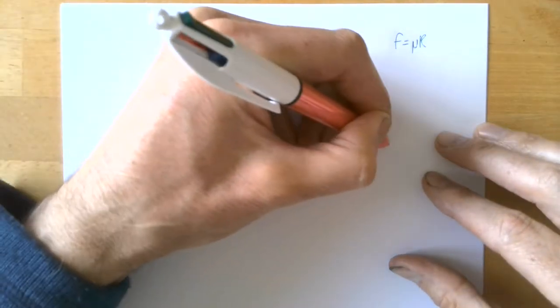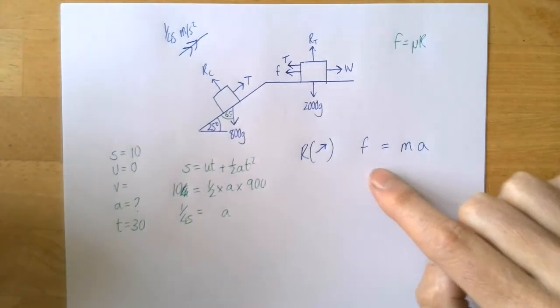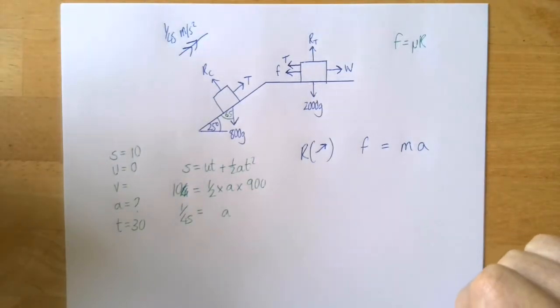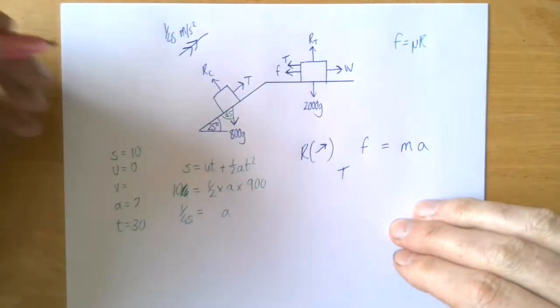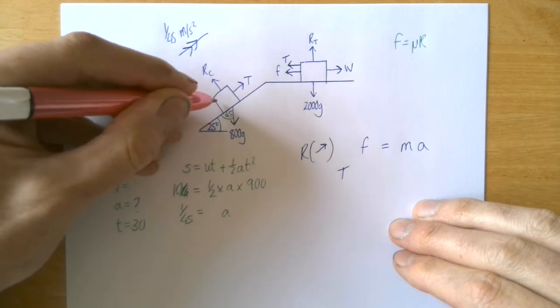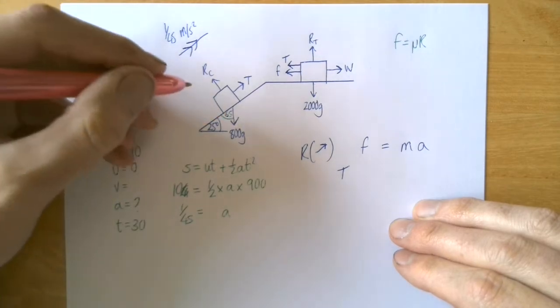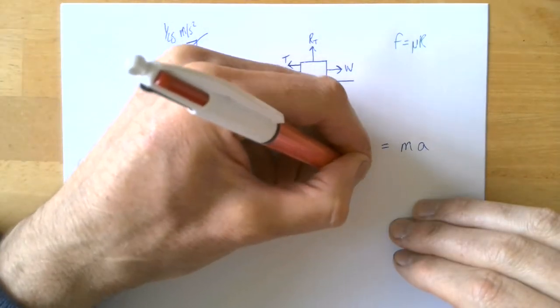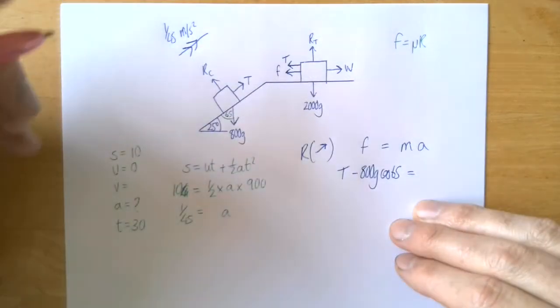So we're dealing with not forces up equal forces down, but whatever the combined force is, it's going to equal mass times acceleration. So the force up, I've got the tension. Force down, I've got the component of the weight in that direction. So that's 800g times the cos of 65, and that equals the mass.